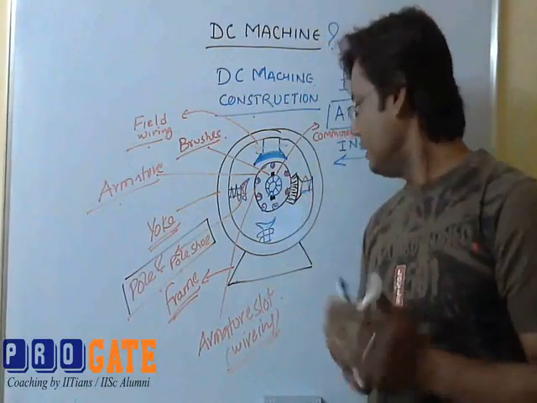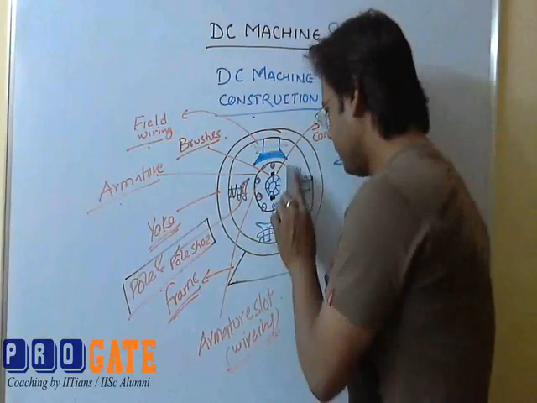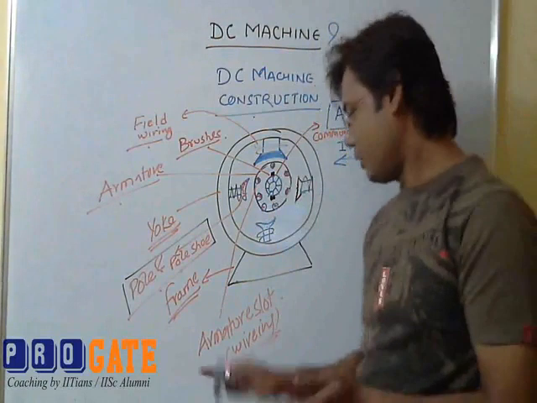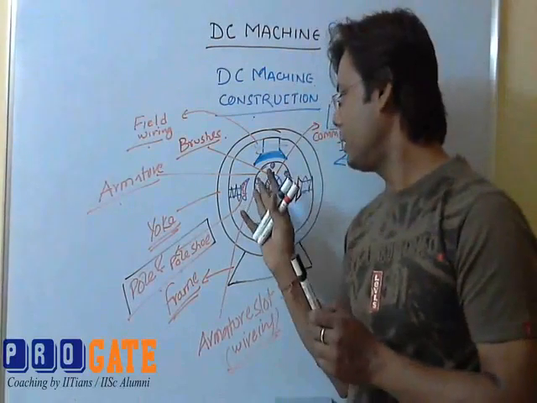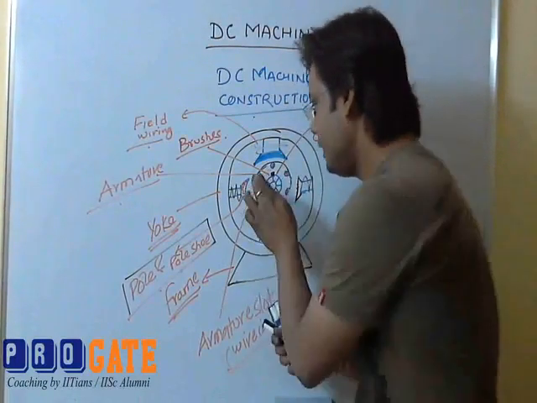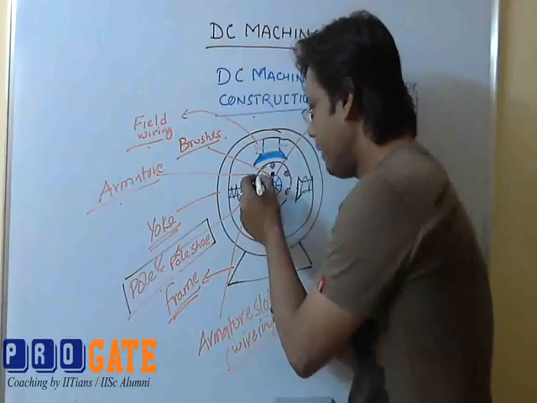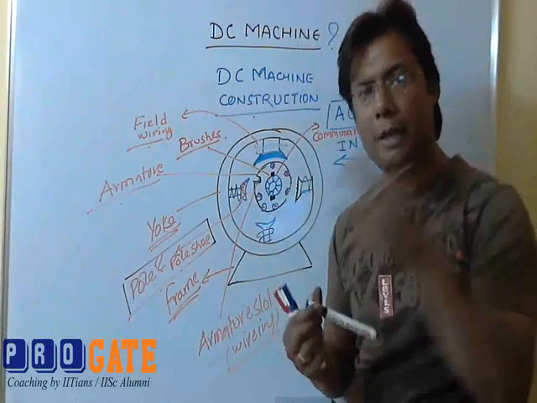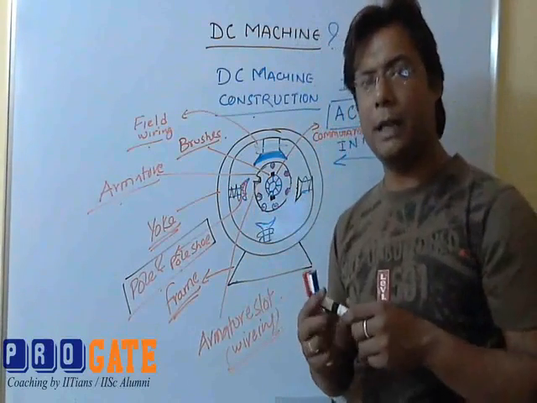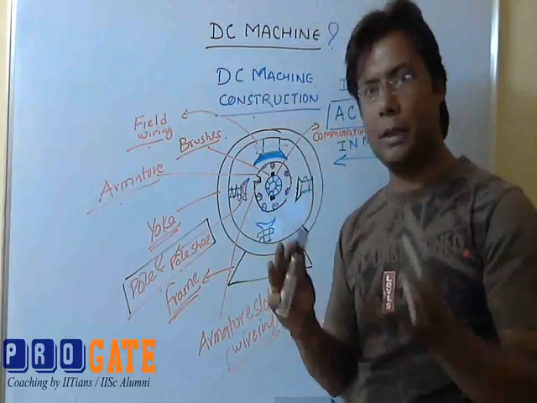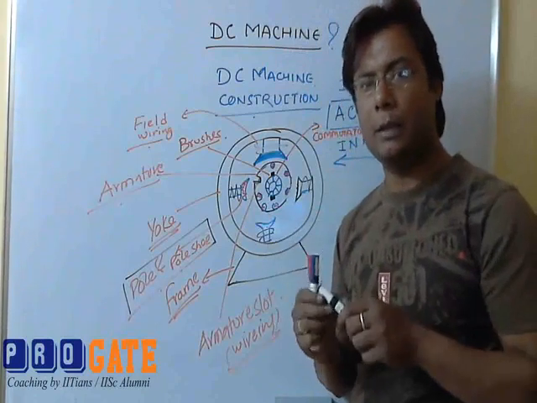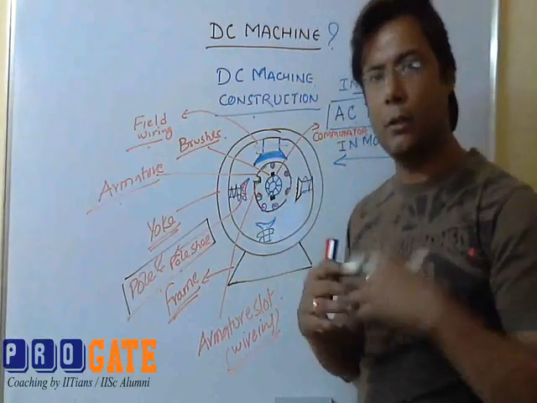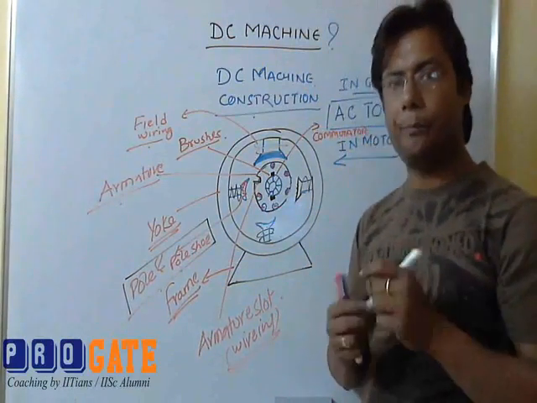Another thing, now we'll be discussing the armature slots. These are called armature slots and they are square in nature. The armature winding is housed in them, and when the armature is rotating, they support the armature winding. They are made in such a way that the armature winding does not go out of the armature.